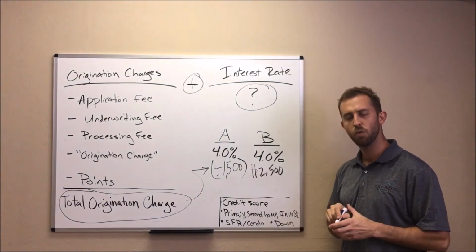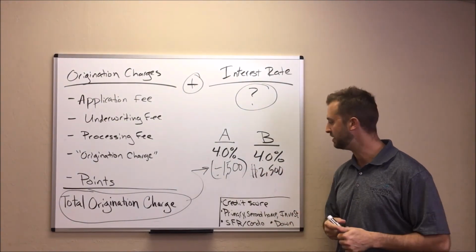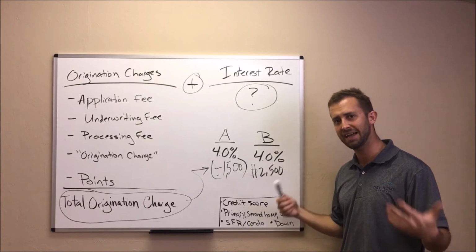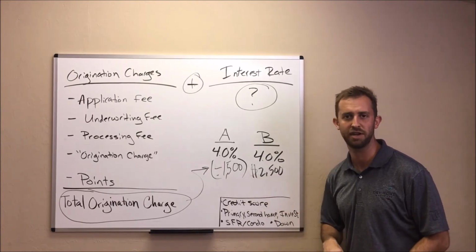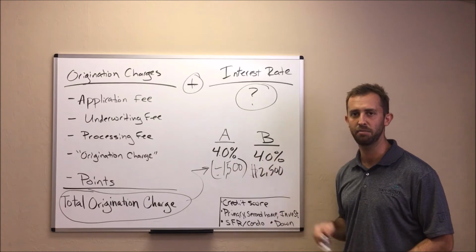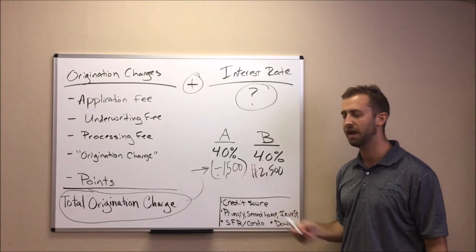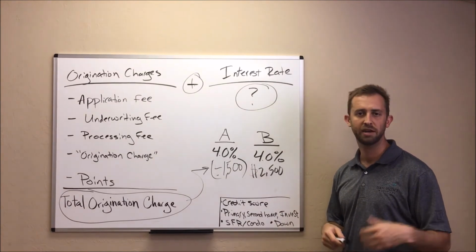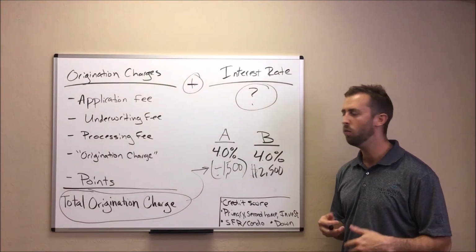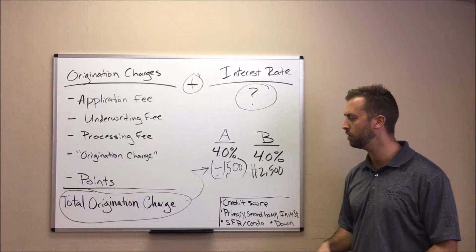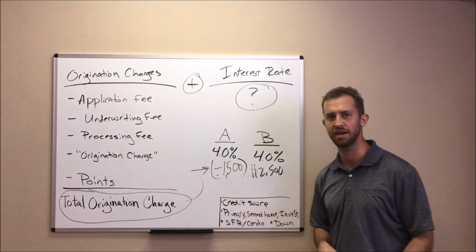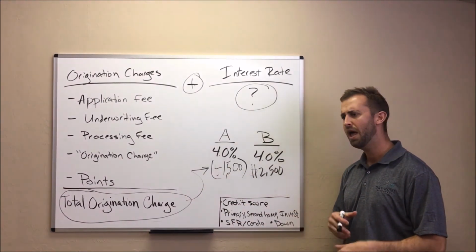We have a bigger difference than last time. We actually have a $4,000 difference between lender A and lender B. And that's not necessarily all that uncommon. So you can see how important it is to go out and shop and call different lenders to ask, what is the interest rate you're willing to offer me and what are the origination charges associated with that rate?